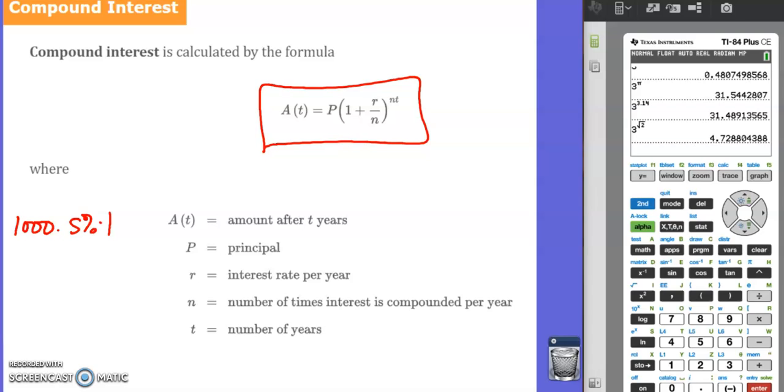And again, this is just calculated once a year. Let's just say that's how the banks do it, which is not really what happens. But just to explain compound interest, then you calculate your interest, and this is $50. So the banker is going to give you the $1,000 plus $50 extra, and he kept your money safe. And so at the end of the year, you say, Mr. Banker, I changed my mind. I want to keep my money in there for another year.